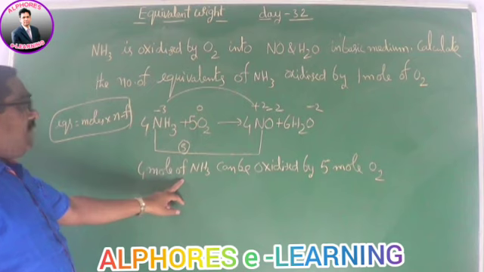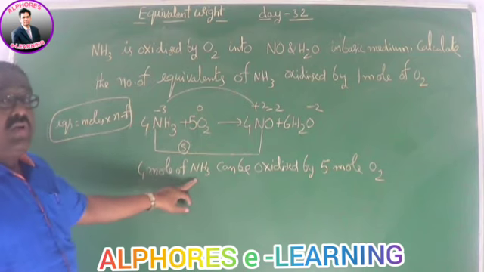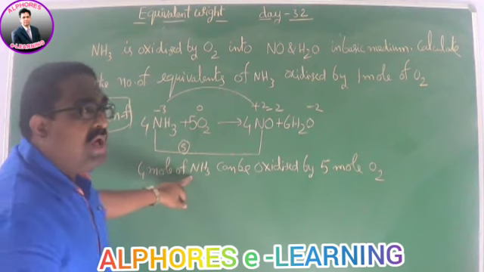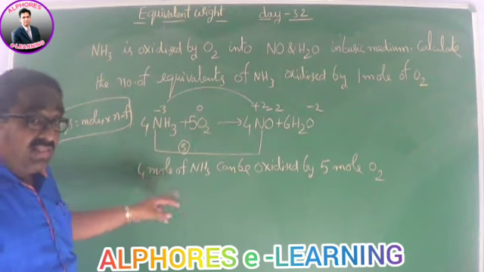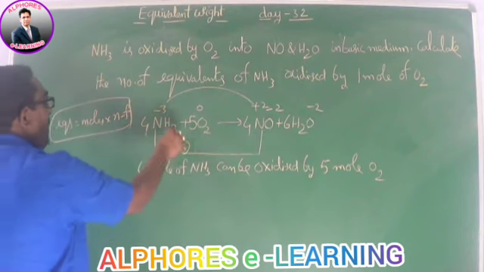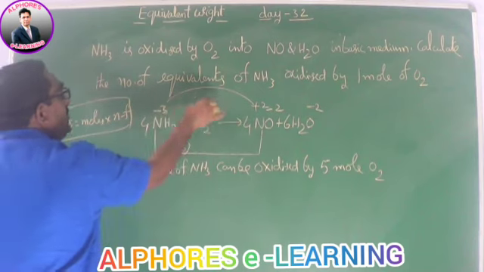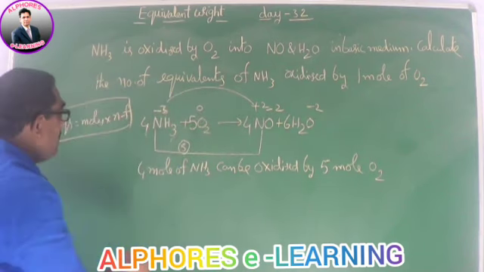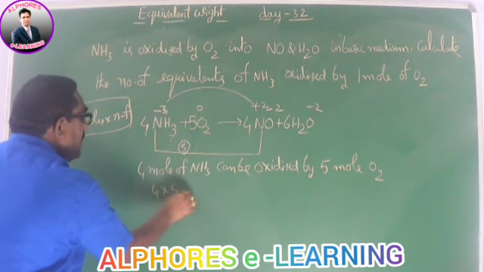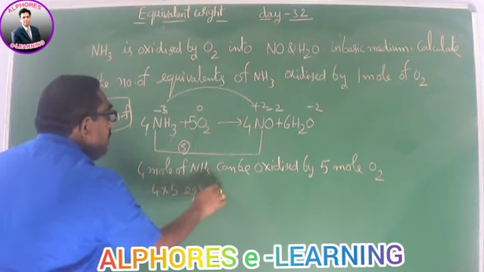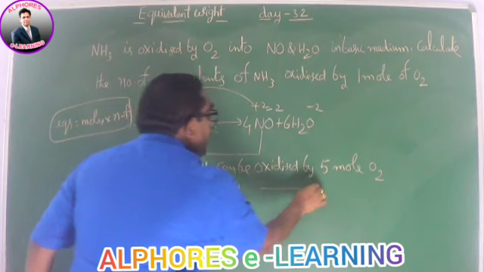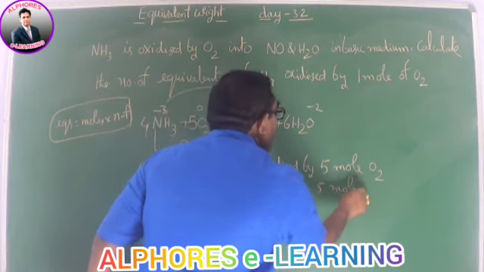Now I am going to convert moles of ammonia into equivalents of ammonia by multiplying the moles with the n factor. What is the n factor here for ammonia? Nitrogen is changing from -3 to +2, change is 5. So if you multiply this with 5, 4 into 5 equivalents of ammonia can be oxidized by 5 mole of oxygen.